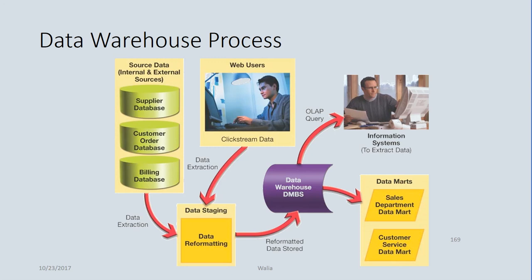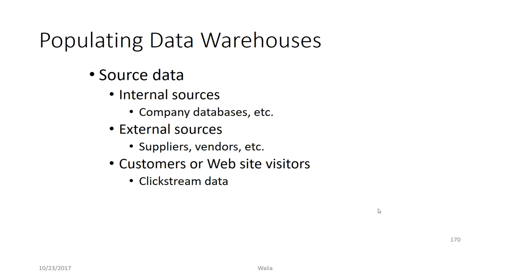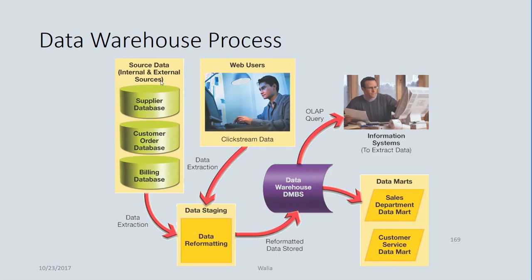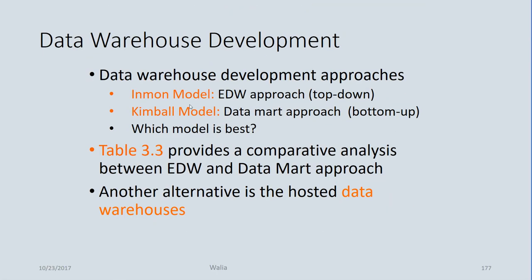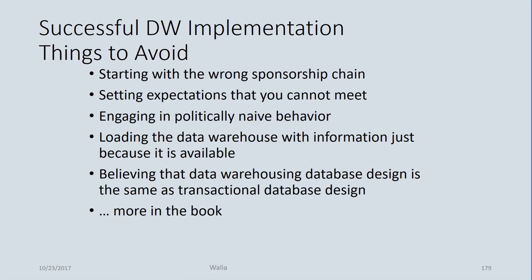If you have enough slices, you can have the whole cake. So this is called the bottom up approach, where instead of starting from this huge endeavor, you start with creating smaller slices or data marts as relevant to you, and then over a period of time, once you have created enough data marts, you have covered this whole data warehouse. So you have your whole data warehouse now available to you. And that's the difference between these two models or approaches to building a data warehouse.